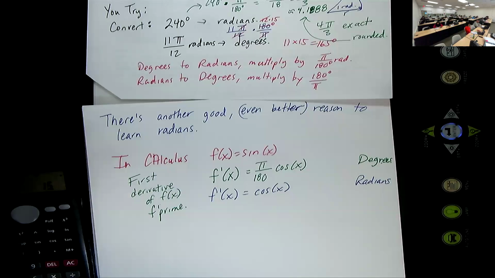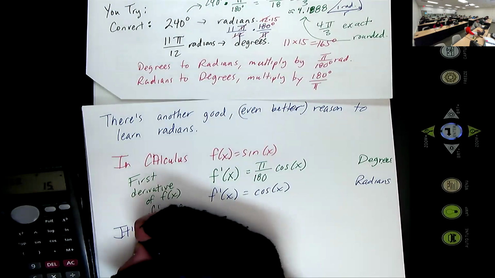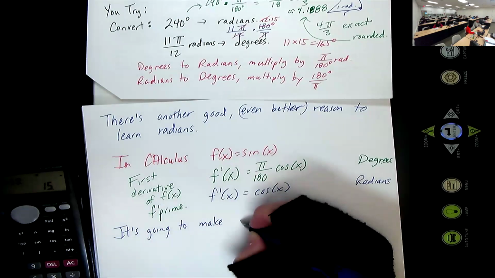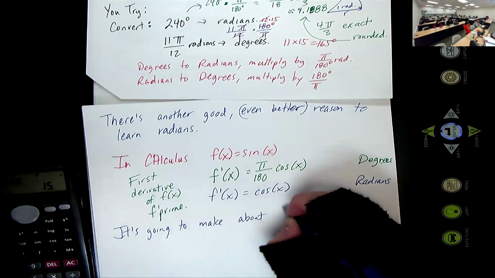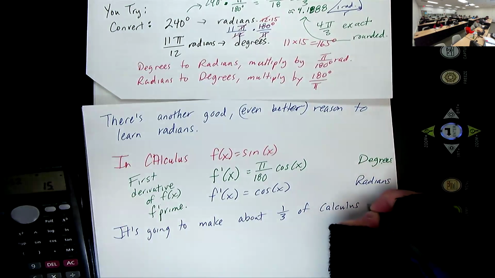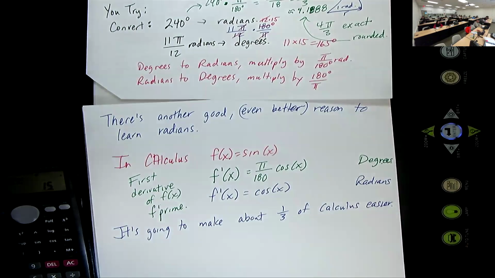It's gonna make calculus easier, about, I don't know, a third of calculus easier. Trigonometry comes up quite a bit. So if we had to do that pi over 180 stuff, forget all that.